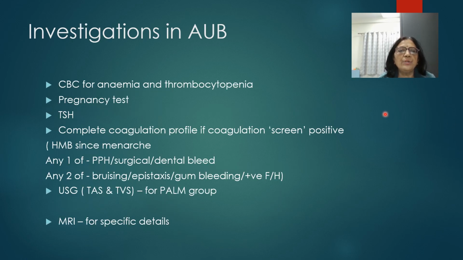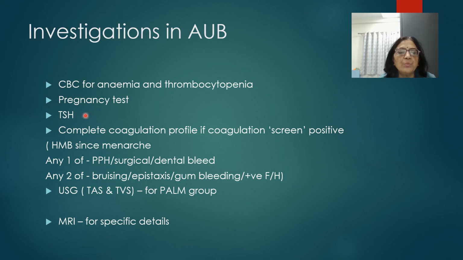What investigations we do: CBC is mandatory, as with heavy menstrual bleeding there can already be anemia, and we need to rule out thrombocytopenia as a cause for heavy menstrual bleeding. Pregnancy test, as I said, it is a disease of reproductive age group, and one should never forget that whenever there is amenorrhea, short amenorrhea, heavy menstrual bleeding, or even in the absence of amenorrhea also, we need to rule out pregnancy.